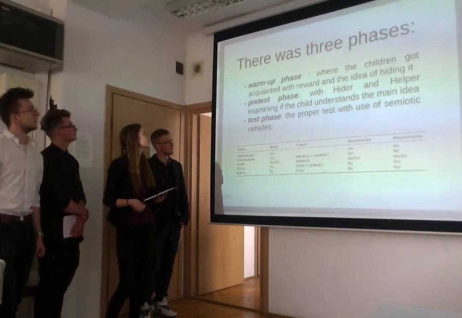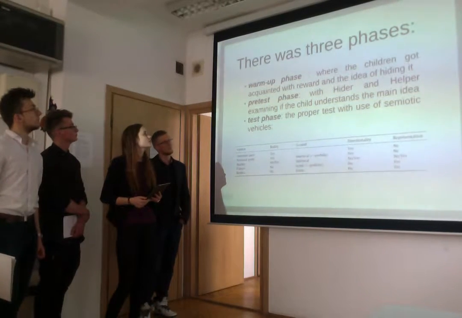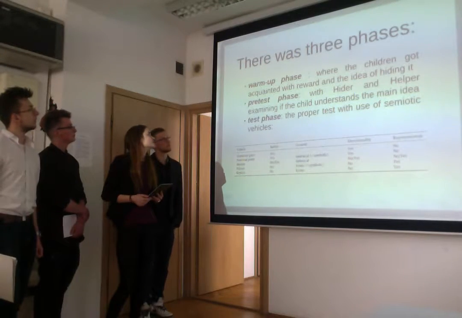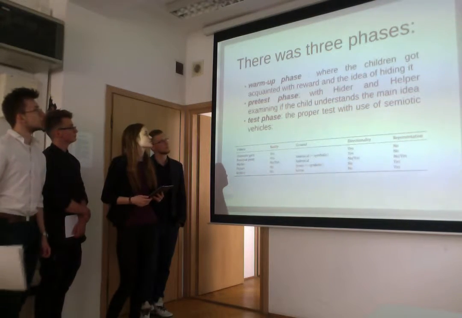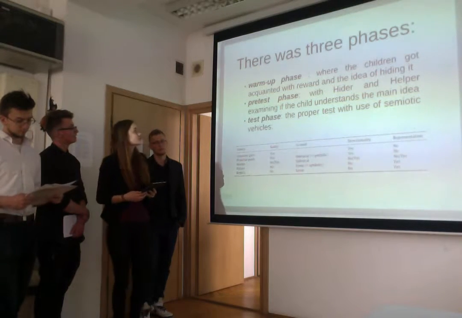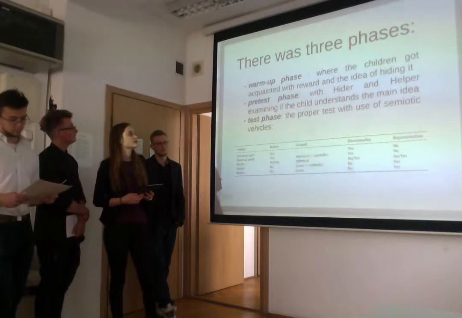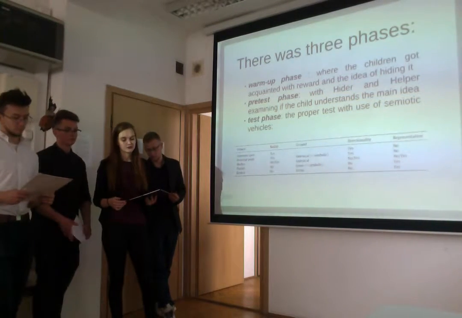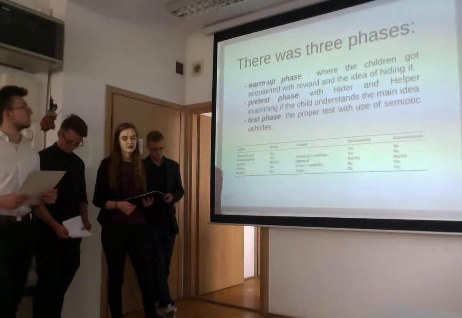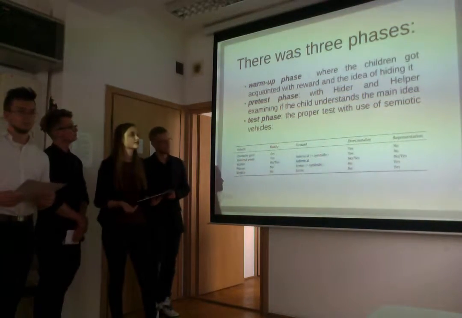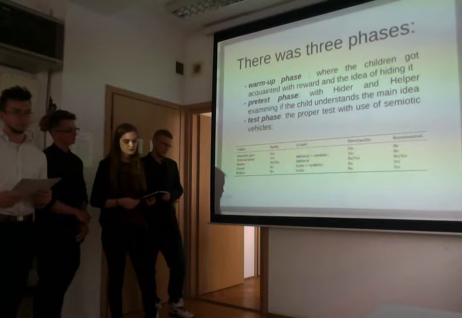Then was the pretest phase, when hider and helper explained to the children, to check if the children understand the main idea. So the helper does the test and hides the reward behind the curtain, then reveals it and pretends that he is busy.